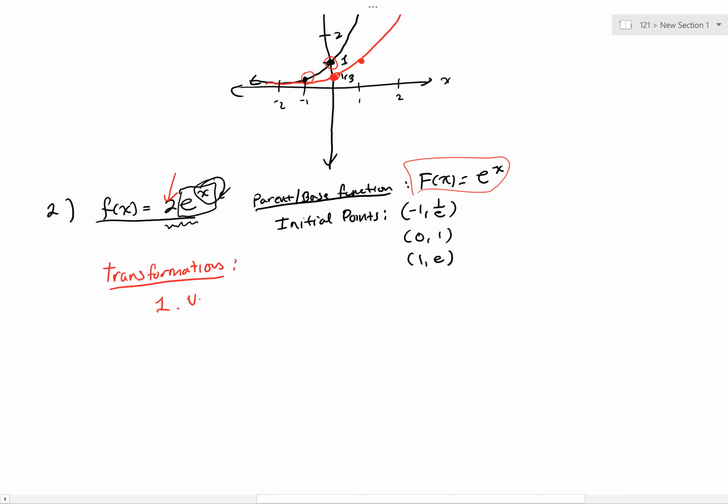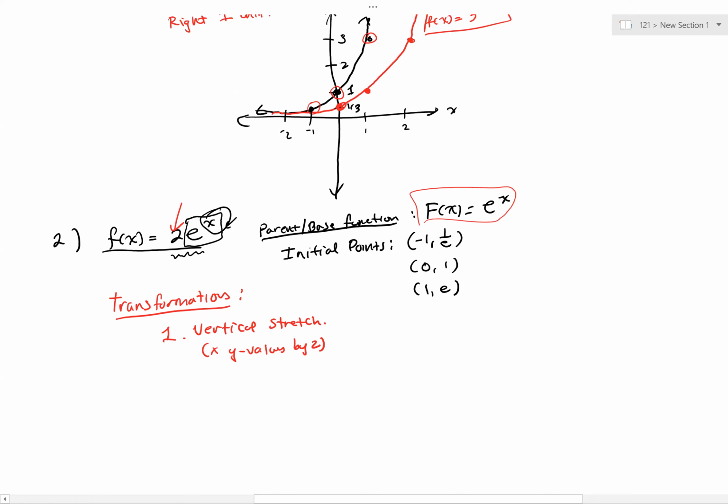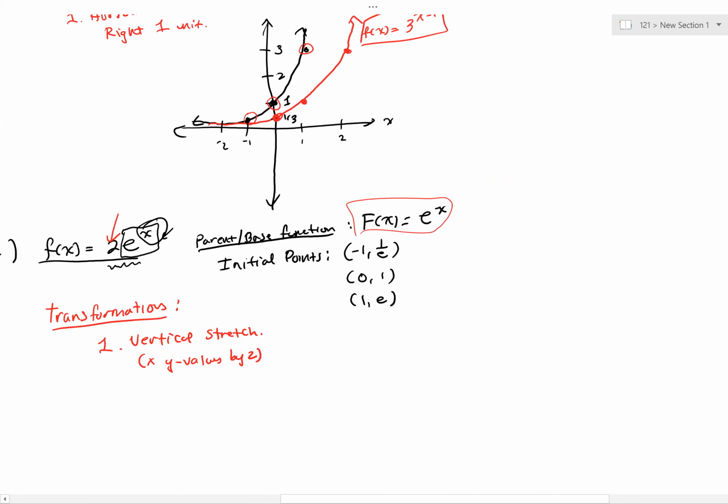So we only have a vertical stretch, which means we're just multiplying our y values by 2. Even if it was a vertical shrink, if that had been a 1/2 outside the e to the x, we would still multiply the y values by 2.